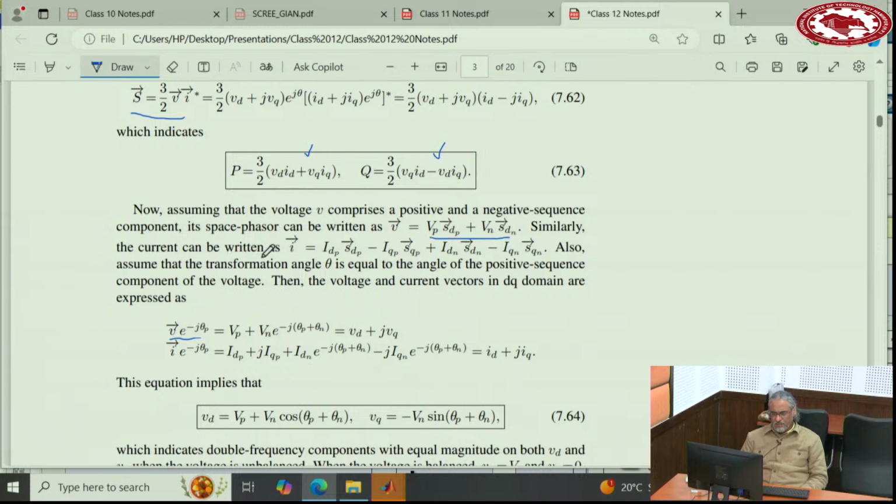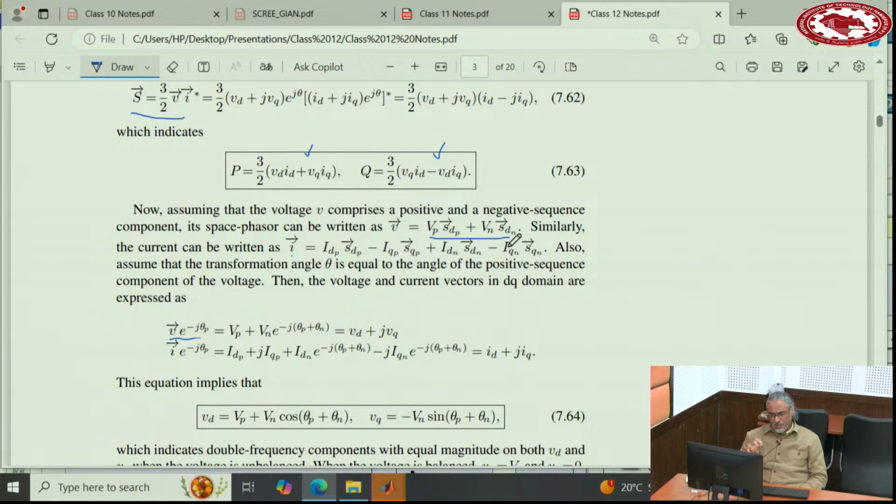The current can be written as, again, positive and negative. Also assume that the transformation angle is equal to the angle of the positive sequence. Okay, this is the key. And that leaves room, flexibility to always change things if need be.